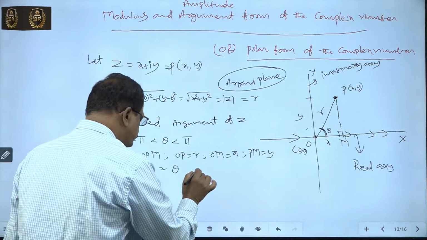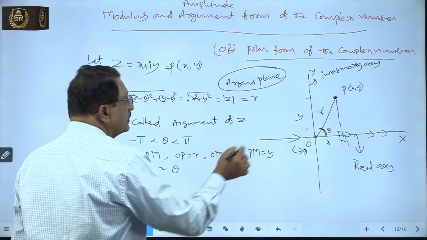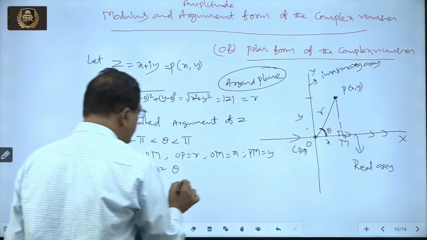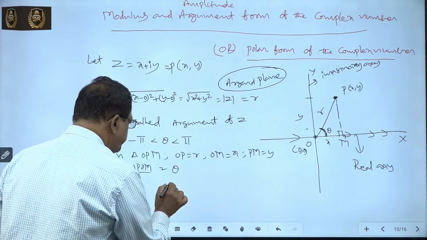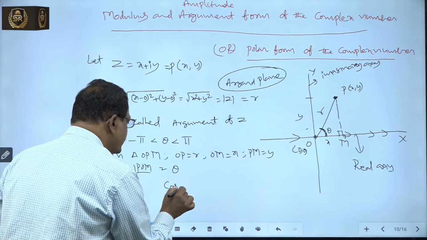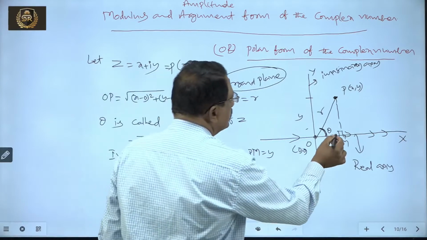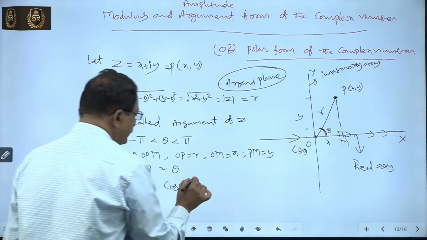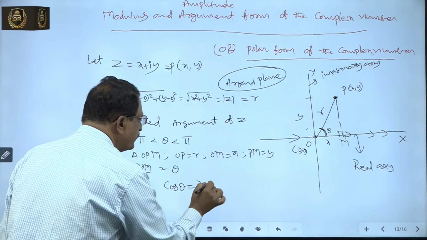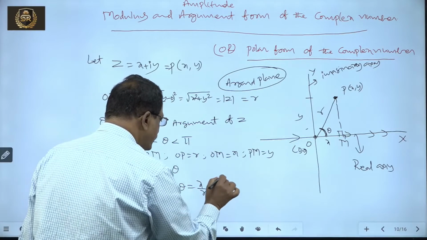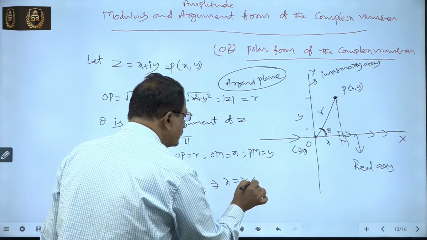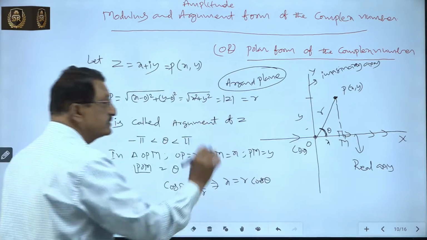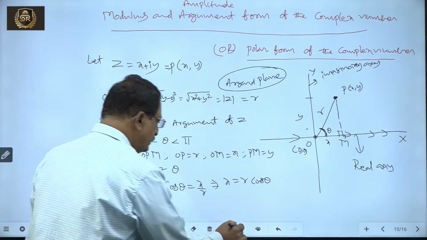Now in triangle OPM, cos theta equals adjacent side by hypotenuse, x by r, which implies x equals r cos theta.